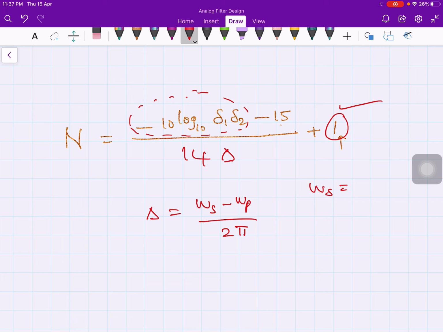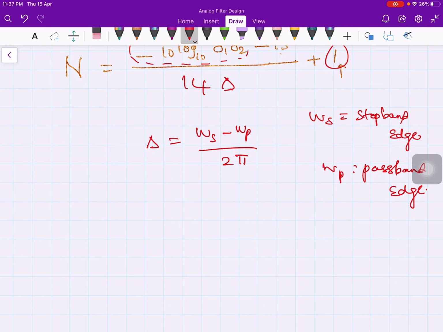Omega s is the stop band edge, and omega p is pass band edge frequency. So in other words, what they used is the actual frequency difference, that is the bandwidth.